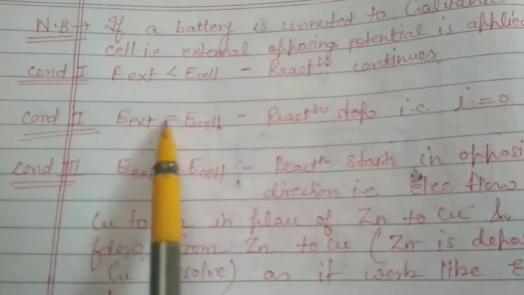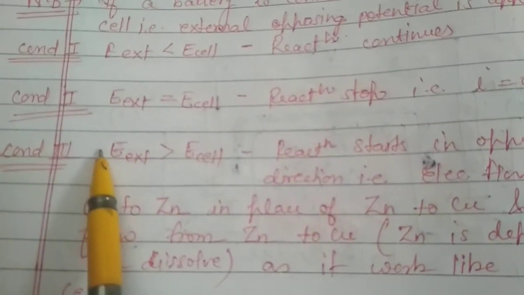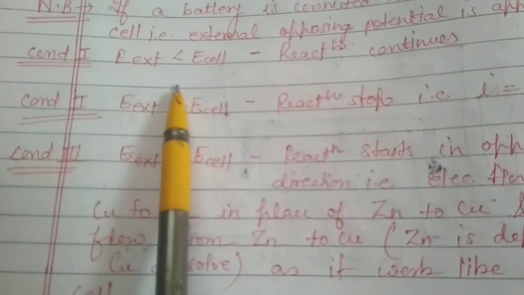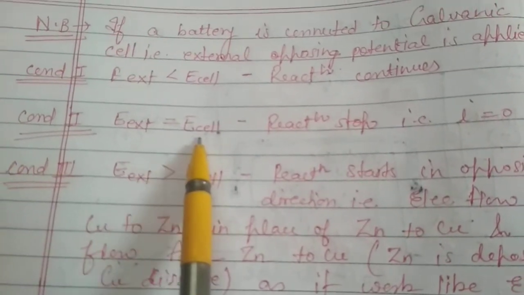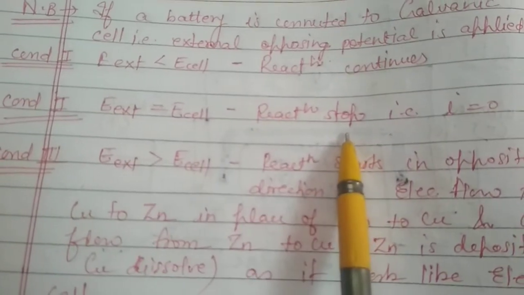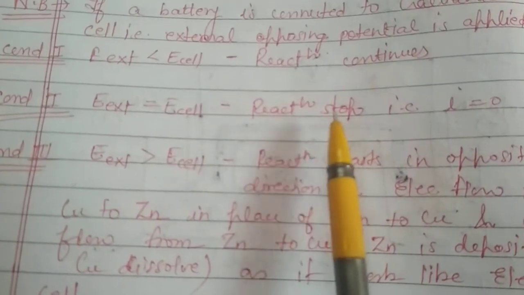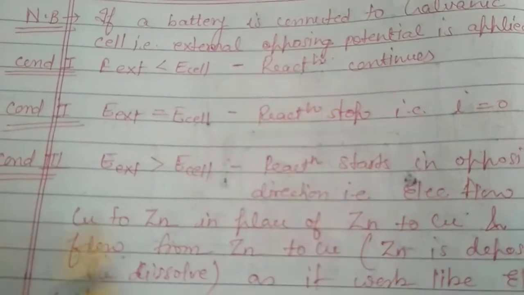What would be the second case? If E external is equal to E cell, that is, the applied potential is equal to the potential developed in the cell, then the reaction would stop and no current would flow.